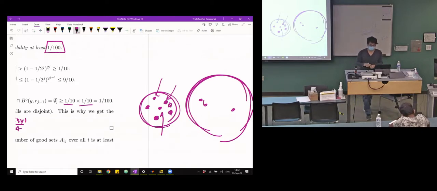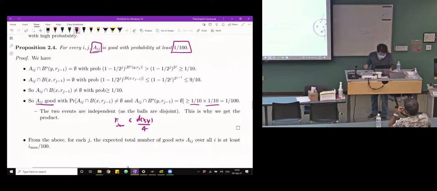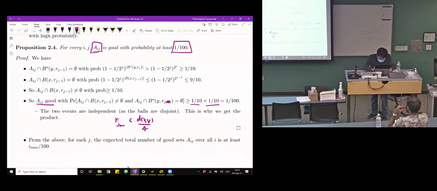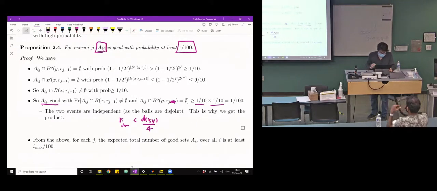All right. Yes. I'm not sure if there is any typo on the ball radii. Some of them are R_j and some of them are R_j. Oh, I'm not really sure. Yeah, thanks. So this is a typo.